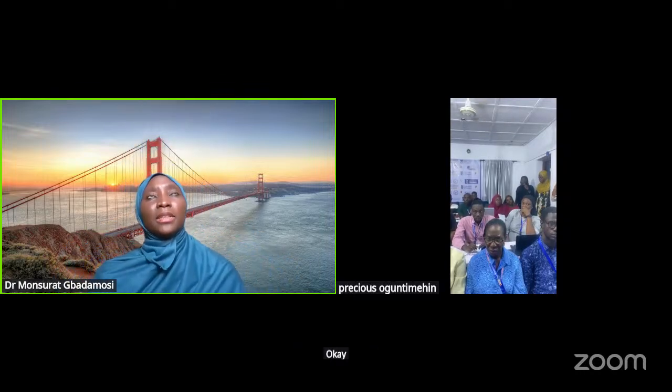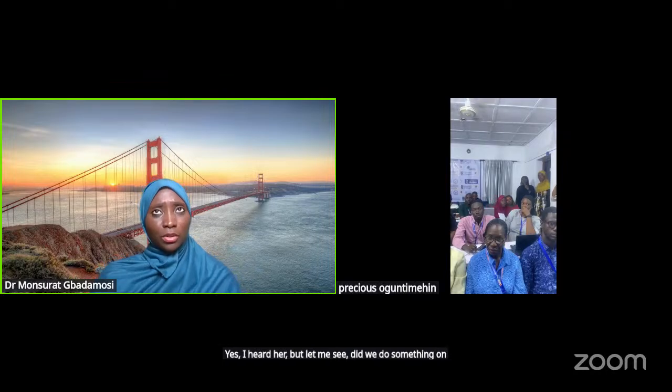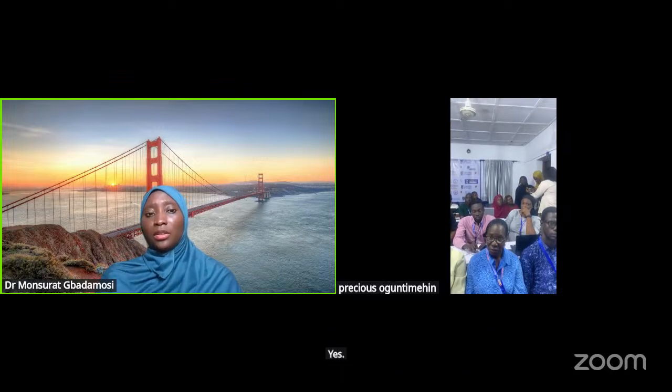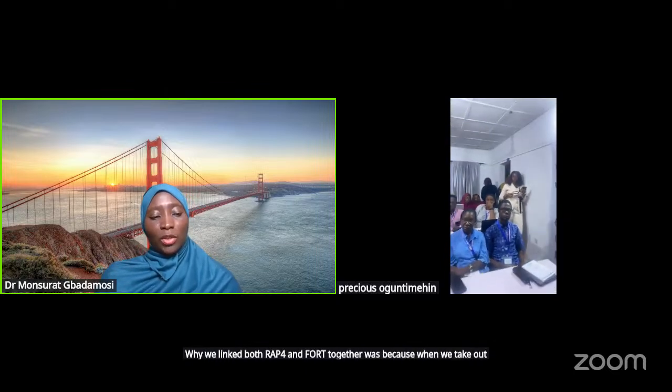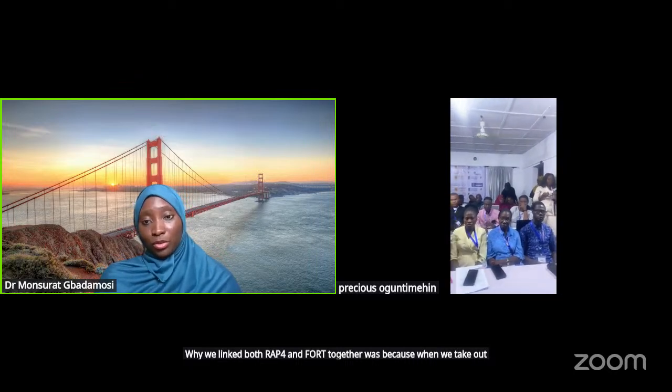Let me see. Did we do something on RAB4 to see which RAB4 levels were increased? Yes, actually, why we linked both RAB4 and Futsch together was because when we express RAB4, Futsch was recovered.